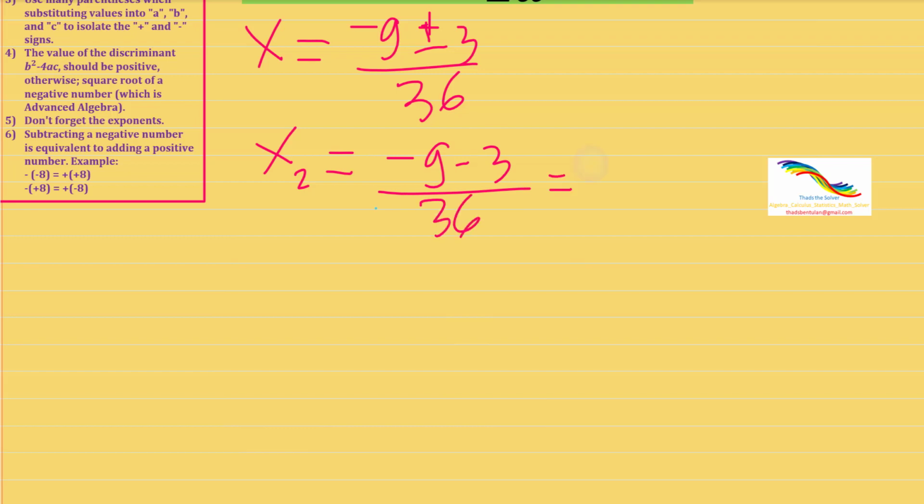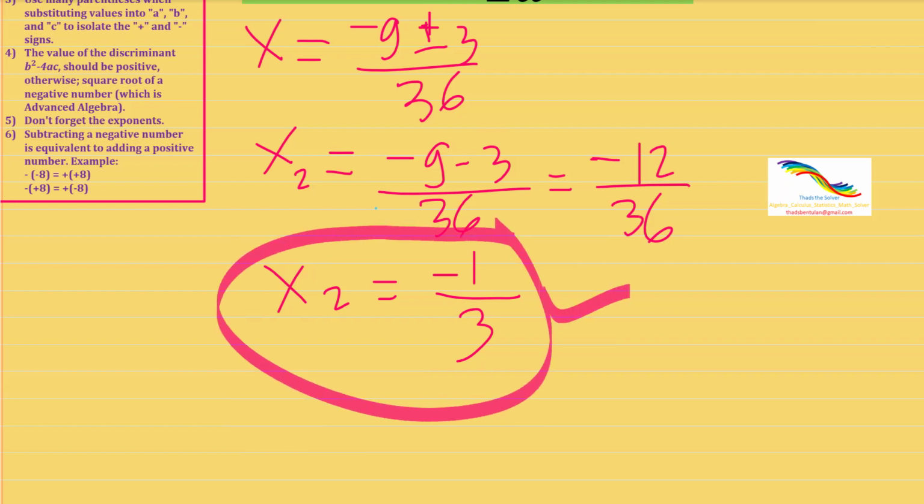That's equal to negative 12 over 36. Factoring that, x2 will be equal to negative 1 over 3. Is that correct? 12 times 3, 36. So this is our second root by executing the subtraction portion from our original solution.